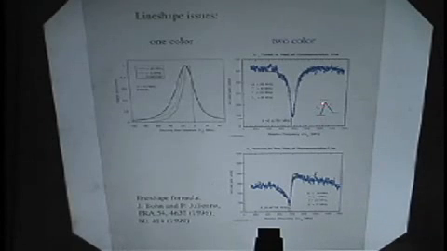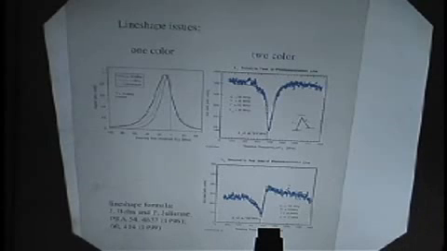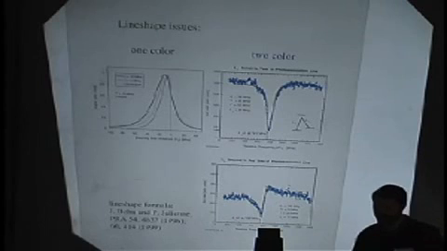Because if you go off, and in this case I've tuned about halfway down the red side of this line, you get these weird dispersive line shapes. Again, it's all explained in there, but it's weird. You start letting your lasers drift a little bit, and you see these weird line shapes. You can retune your lasers and get them back to the symmetric ones, but sometimes that doesn't work.